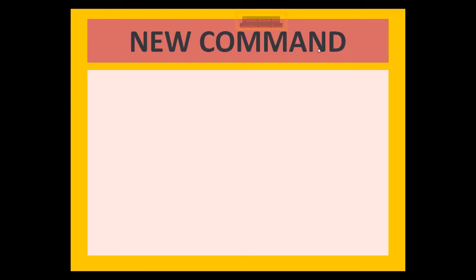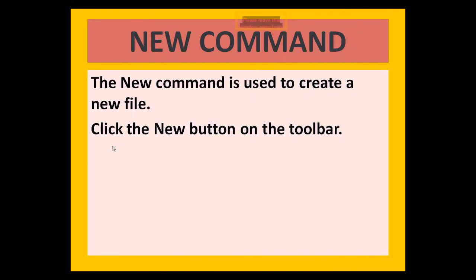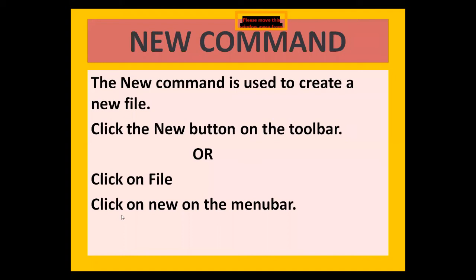First we learn about the new command. The new command is used to create a new file. To create a new file, first click on the new button on the toolbar, or you can also click on file, then click on new on the menu bar.